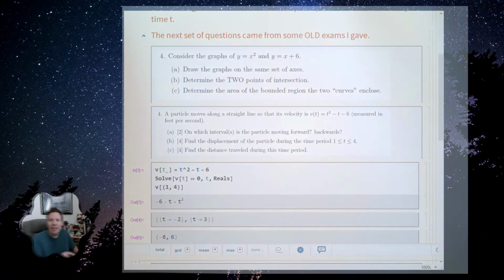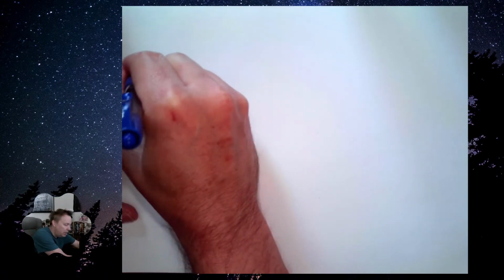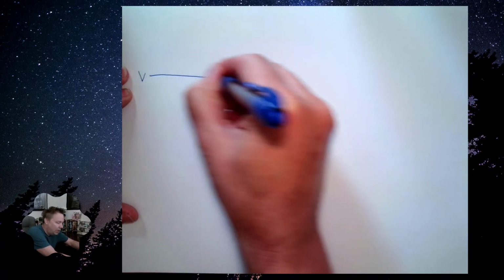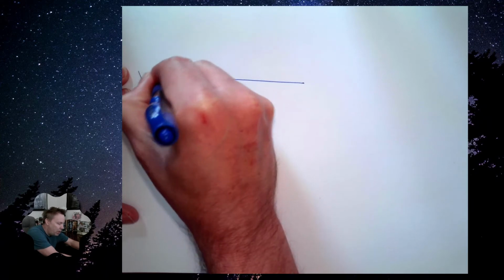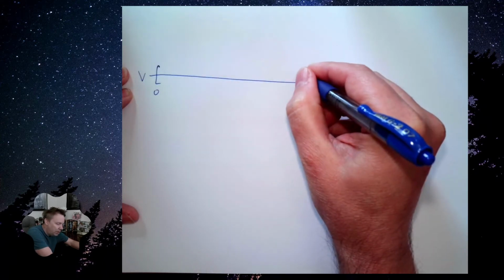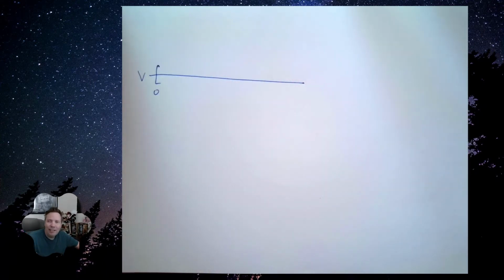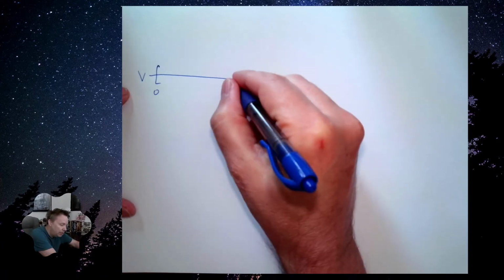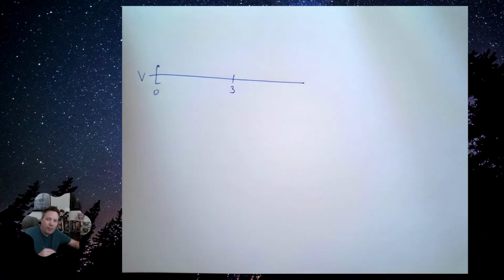So let me actually write that down so we can organize our thoughts here. On my velocity line, I'm going to start this problem at 0. I don't have an ending time, but I do know that 3 is one of my critical values. That's where the velocity was equal to 0.